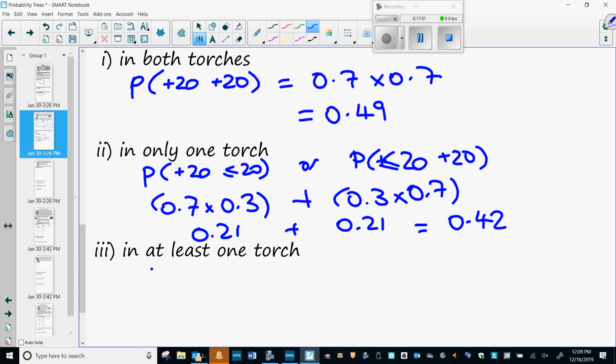So the probability of at least one torch, we can do 0.49 plus 0.42. Because then that's both torches plus another torch. Because that's the thing, at least one torch. So this was exactly one torch. This was two torches. So at least one would be either of these options.